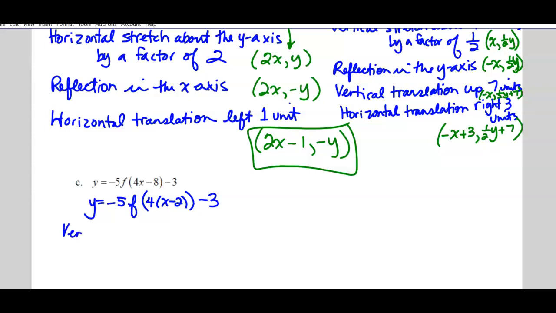So, if I start with vertical stretch, I'll put 5 as the factor, about the x-axis. Doesn't matter how you rearrange that, right? And horizontal.